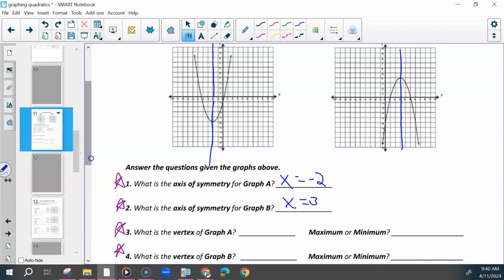And then what's the vertex of graph A? That would be your lowest or highest point on the axis of symmetry on the parabola.